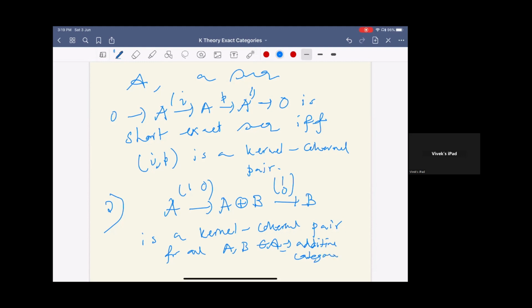So that direct sum sequence is always the kernel-cokernel pair. In fact, these are actually short exact sequences, always, in this kind of map. So this is always a kernel-cokernel pair for any additive category.